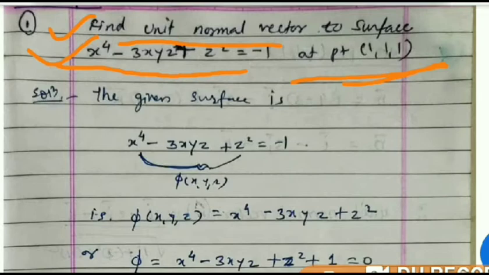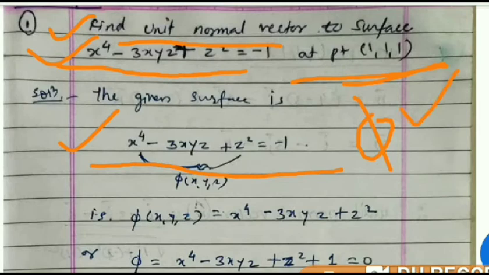Therefore, we are given the surface, but we have to calculate grad phi, and grad phi is a scalar point function. Since we are given a surface, we have to convert it into a point function.